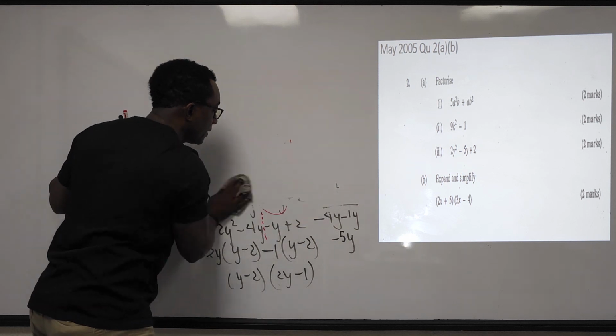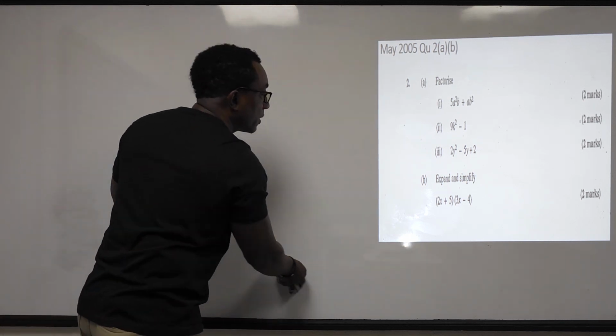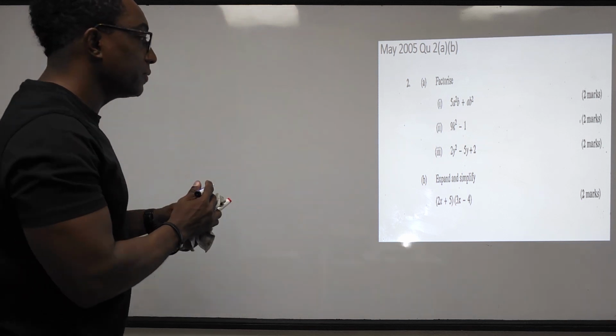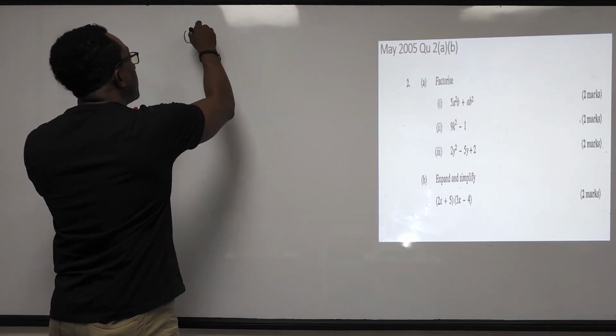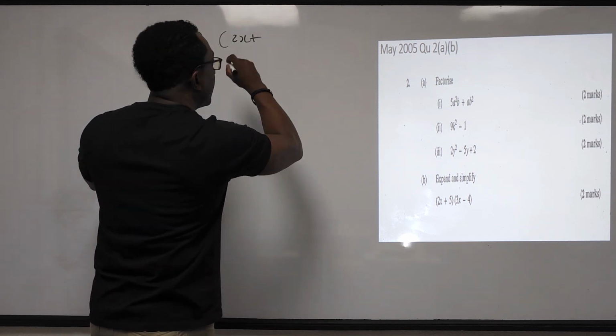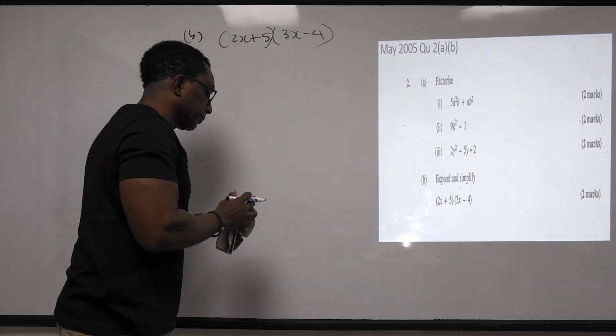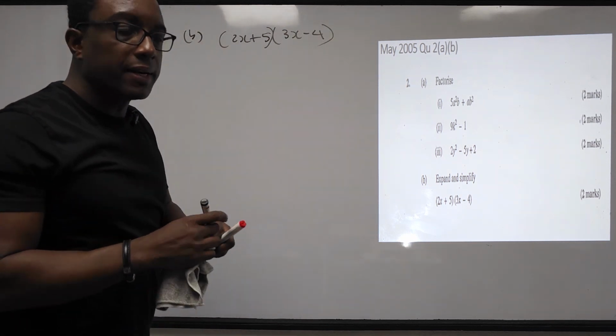So B, they want us to expand and simplify. So let's expand and simplify the following. So we have here 2 binomials. So we have 2x plus 5, and we have 3x minus 4. So we're going to expand and simplify.